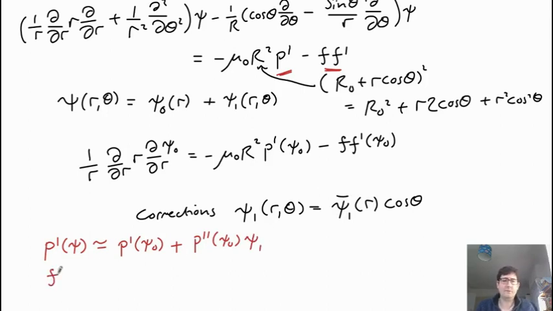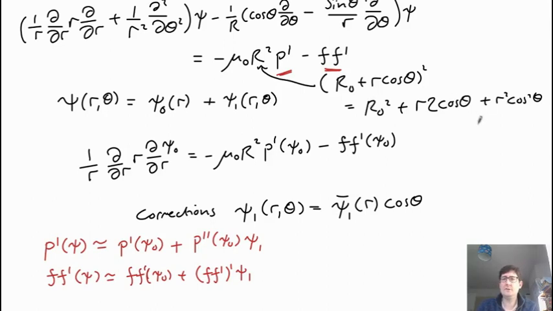So same for ff prime, which is a function of psi, is like ff prime of psi naught plus the derivative of ff prime, so we call it ff prime all prime, times psi 1. Okay, so these will go into this term here.